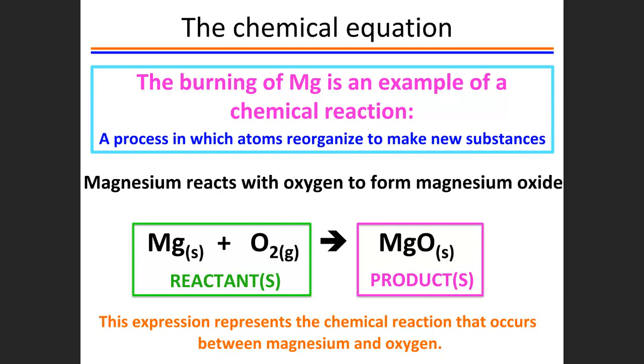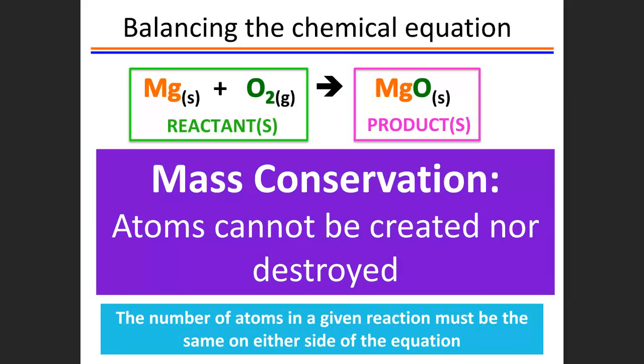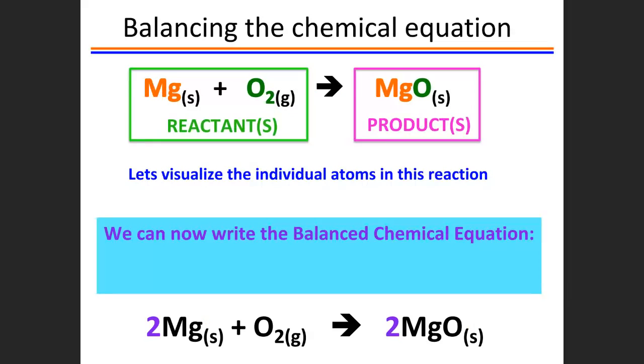And that's why we call this chemical equations. Balancing the chemical equation, we now know the conservation of mass: atoms cannot be created nor destroyed, they can just be changed or combined with other atoms to form new molecules or compounds.